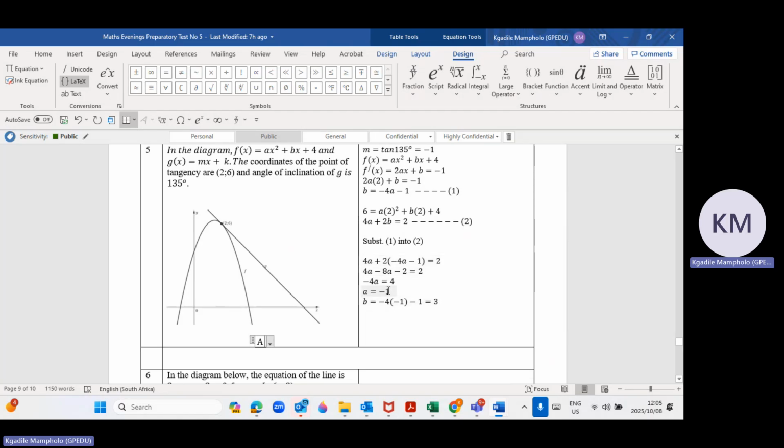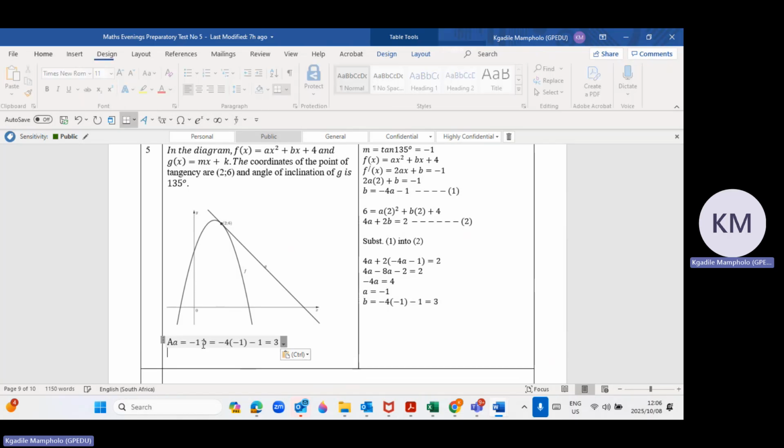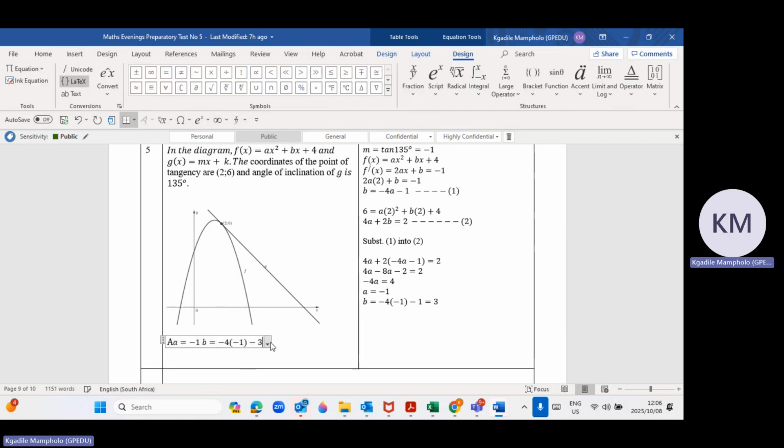Let's say a. We can put -1 first here. Then b is this.